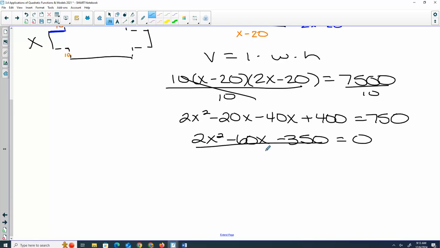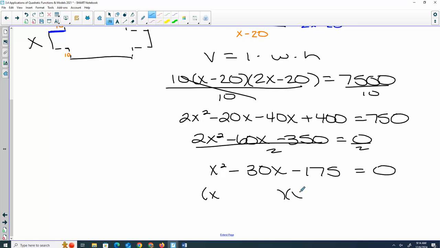Divide by 2. So I need two numbers that multiply to a negative 175 and add to a negative 30.